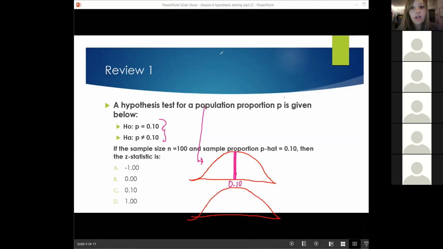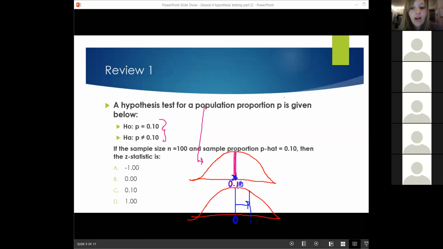Now if we go down here to our standardized z-curve, remember our z-curve has a mean of 0 and a standard deviation of 1. So we're trying to standardize this 0.10, whatever value we got for our p hat, onto the z-curve. The sample proportion that we actually got is the same thing as our mean. It's just 0.10.